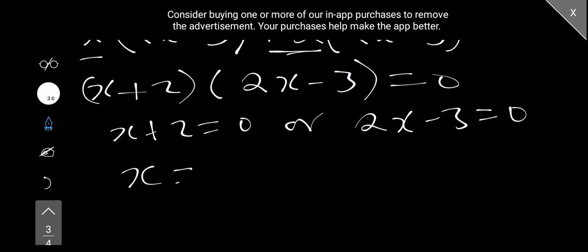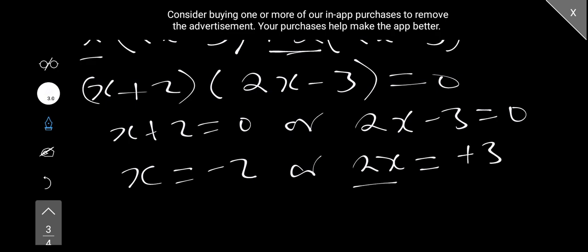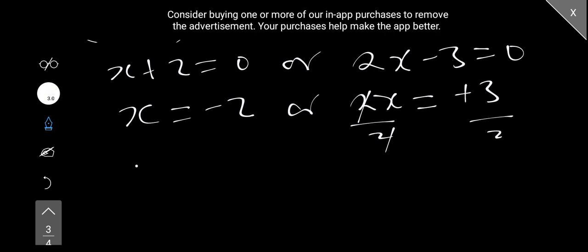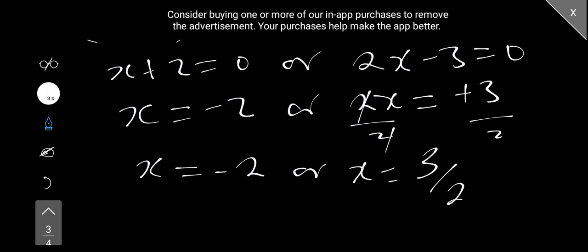X therefore would be minus 2 when 2 crosses the equal sign, or 2x will be equal to positive 3 when it crosses the equal sign. So just divide by 2 to remain with x. There we are, we have these solutions. X is equal to minus 2, or x is equal to plus 3 over 2. So those are the two solutions.